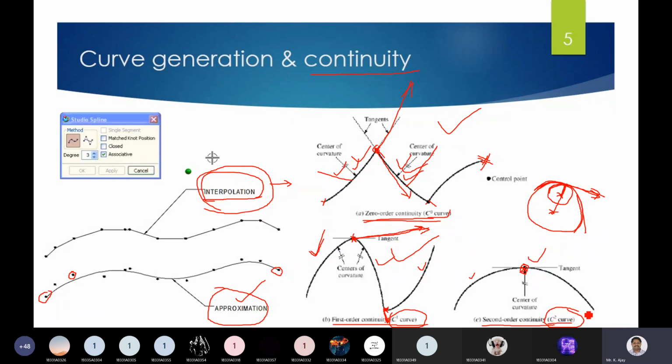So that is the reason people generally go with the cubic equation, which can include all these continuity forms. You can follow zero order, first order, second order also using a cubic equation. Cubic equation is the least order which can provide all these three continuities.